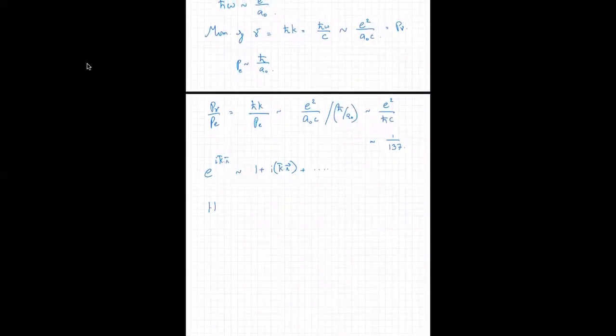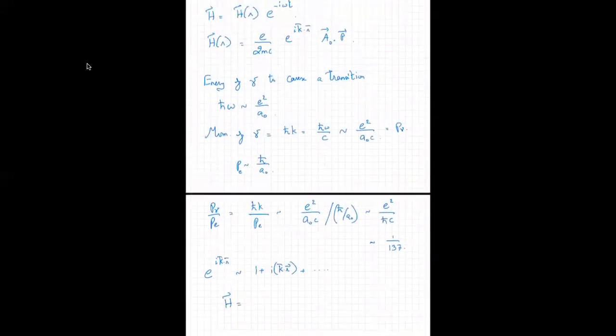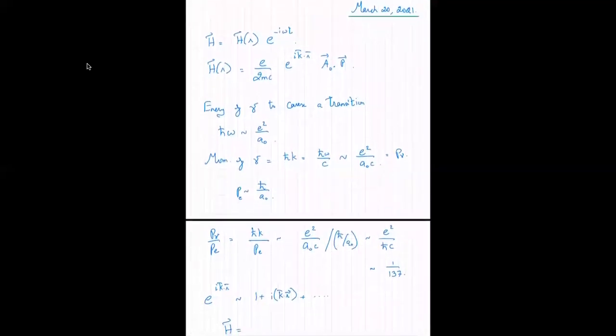Then the Hamiltonian, I'll simply write the spatial part. The spatial part, let me write the entire thing. It's not very difficult. H tilde is now given by, so remember the e to the i k dot r piece has gone away.